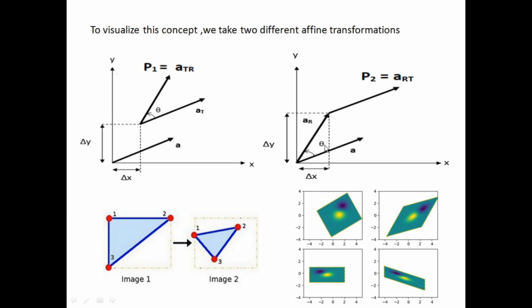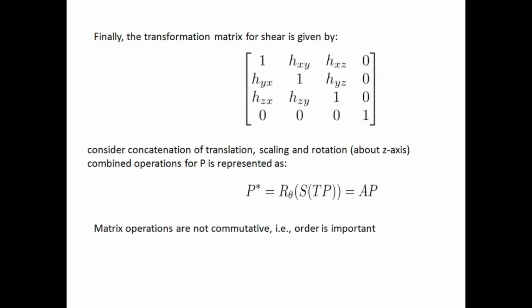Because whenever we are doing the affine transformation, that means a transformation like shifting, scaling, rotating, or shifting and rotating, whatever it may be, it is an affine transformation. We need to follow a particular order here. What is that order? For the affine transformation, translation of the point P has to come first.